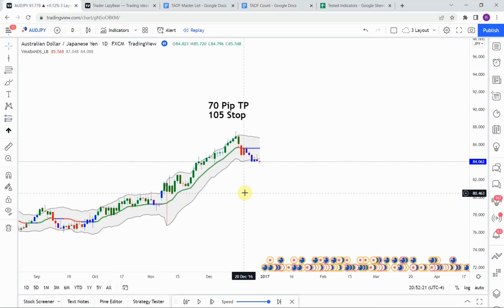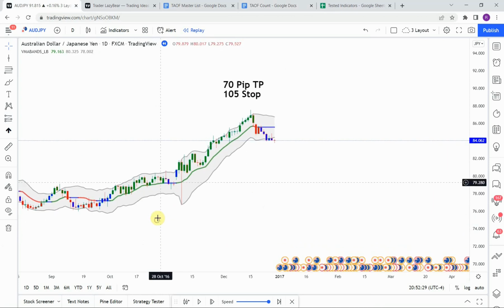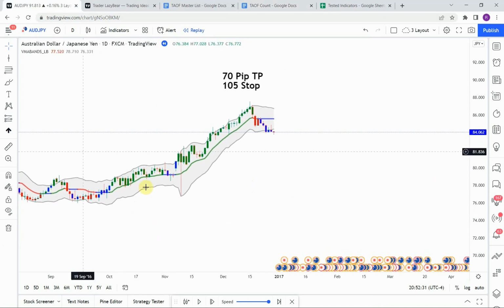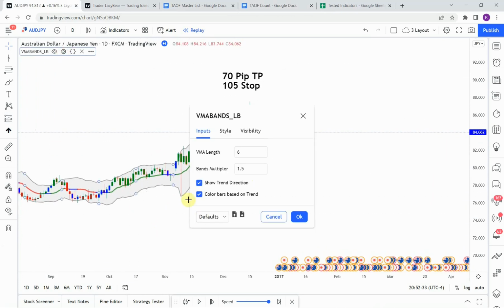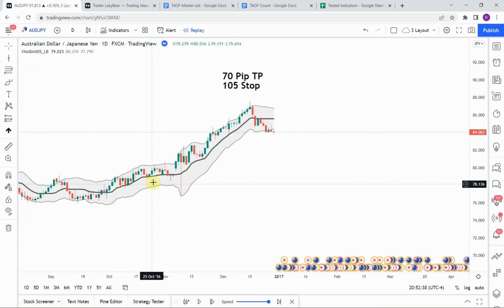Okay, so today's indicator is the variable moving average bands, and we tested this one on the last video. And so this is changed from the default setting. The default does have the trend direction and the bar coloration turned off, and so it looks like this right here.